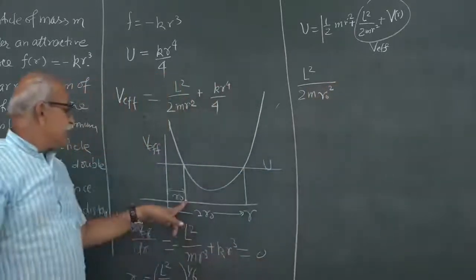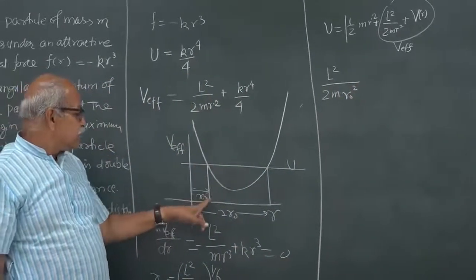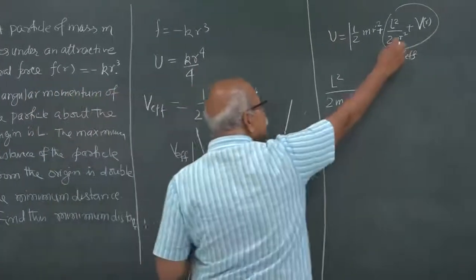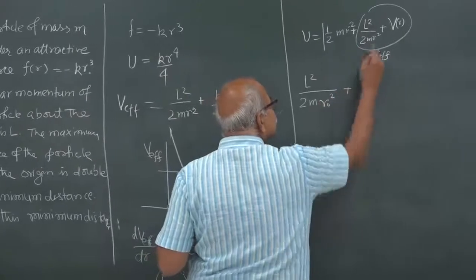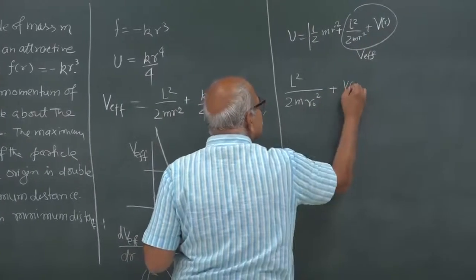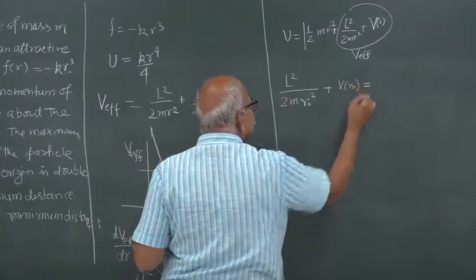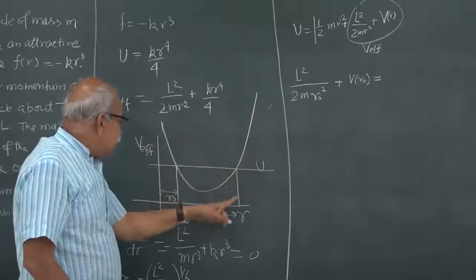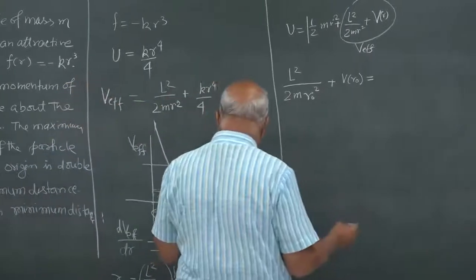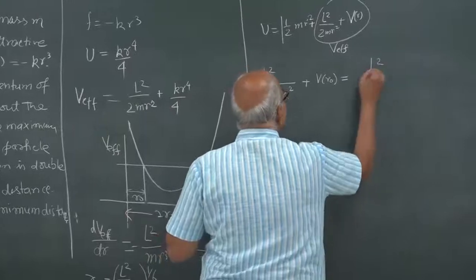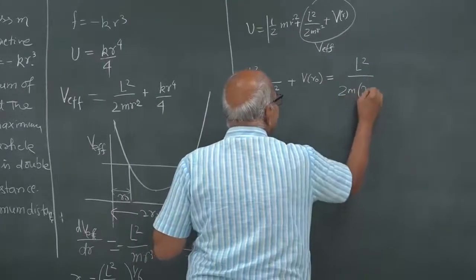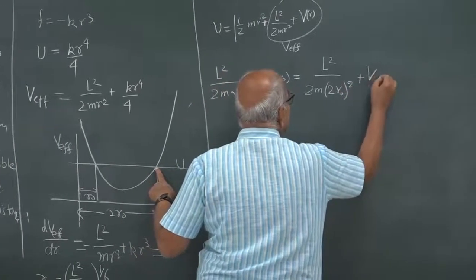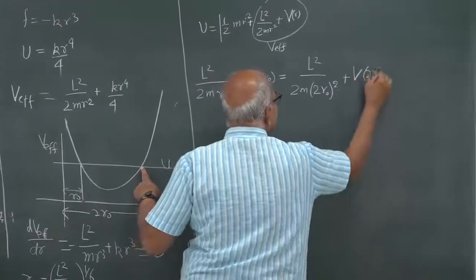Okay. At this point, what is the effective potential energy at this point, minimum distance? So, r is equal to r naught. So, I am writing r naught here and then plus the potential energy at r naught, which is equal to the effective potential energy at this point. So, effective potential energy at this point is L square divided by 2 m 2 r naught square and then plus the potential energy at 2 r naught.